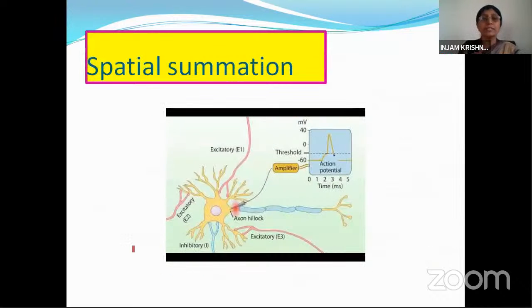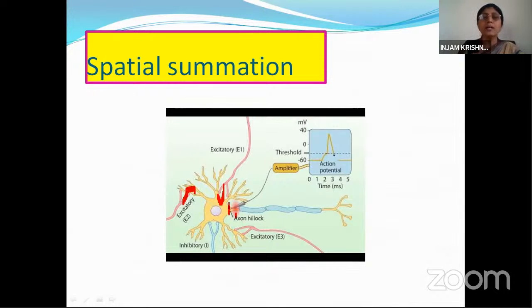Here I will give one image. See, this is one neuron. Here are the presynaptic neurons. Here one stimulus, here another stimulus, here another stimulus. A little bit of stimulation here and a little bit here sum together at the axon hillock.